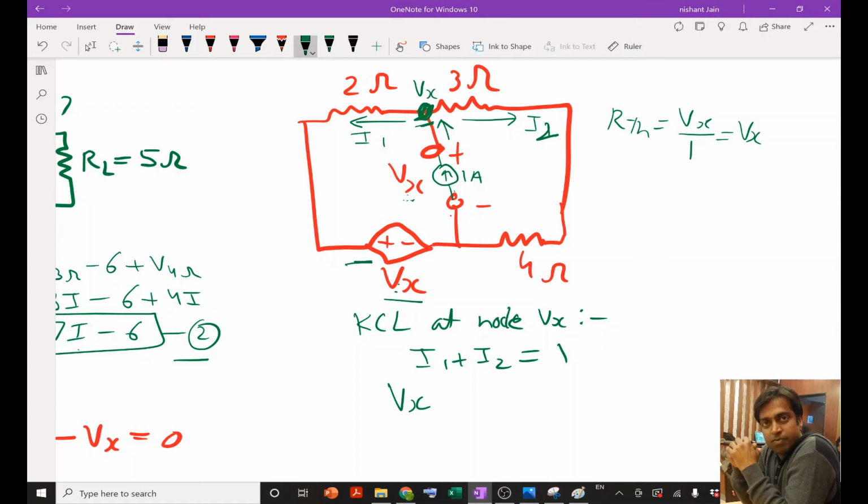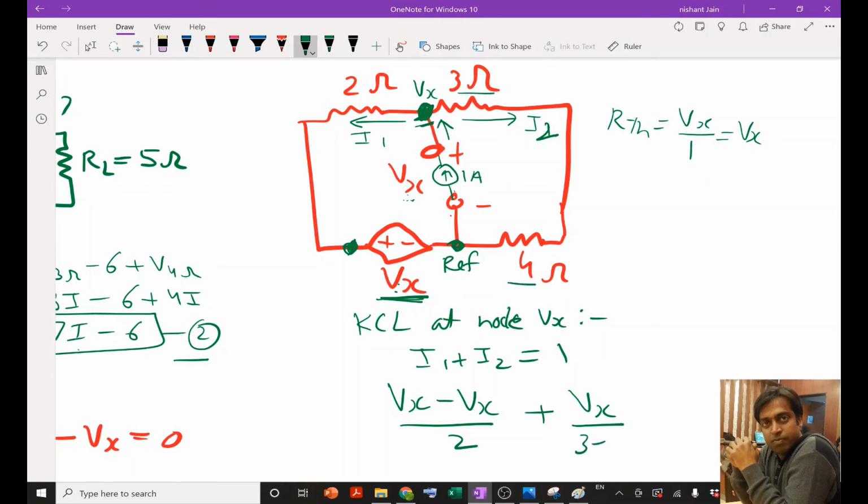So it will be Vx minus Vx upon 2, because both the voltage, this voltage Vx and voltage at this node, are the same due to this Vx. So it will be Vx minus Vx upon 2, plus I2 will be Vx minus this reference. So Vx minus V reference means Vx upon total resistance, which is 3 ohm plus 4 ohm.